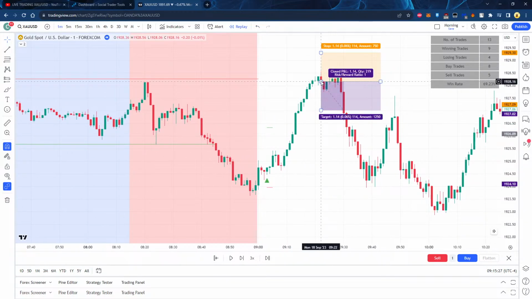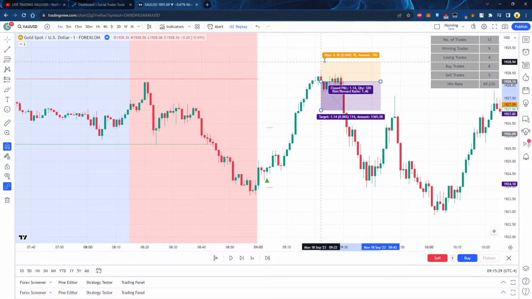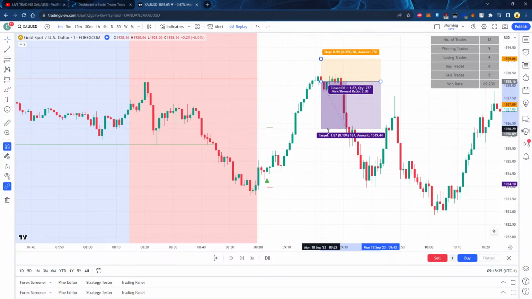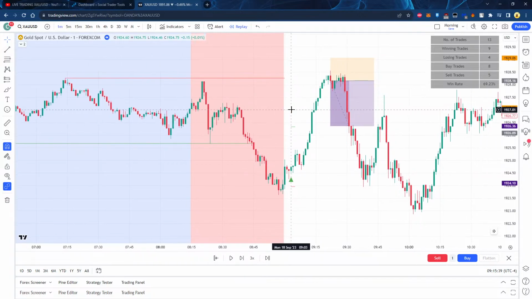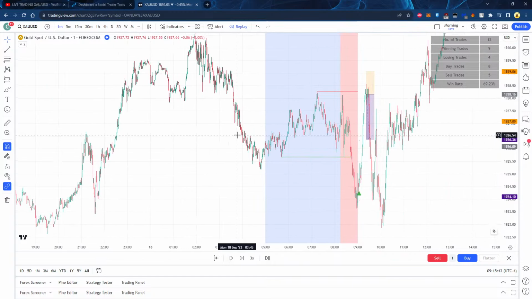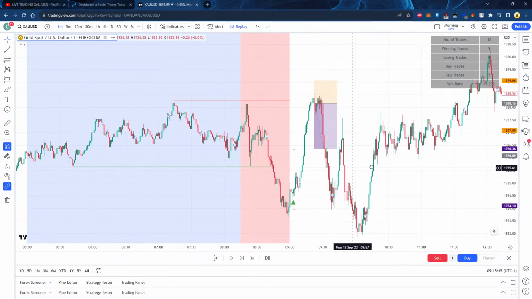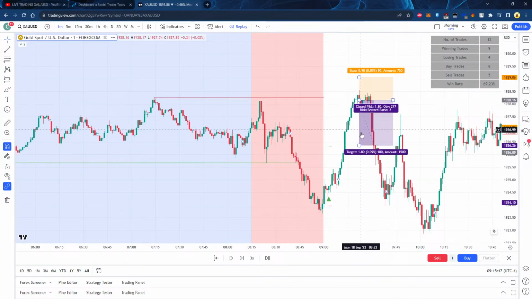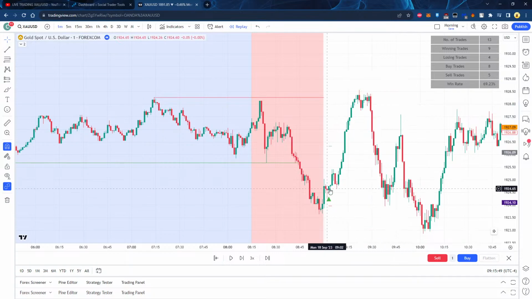So if you took this signal right here, you're not wrong either, right? Stop loss would be a little bit higher than usual, and take profit would be right here. And if I go back, yeah, this was a bearish bias first, so this trade here would be a valid trade as well. But we're not looking at that, we're just looking at the arrows.